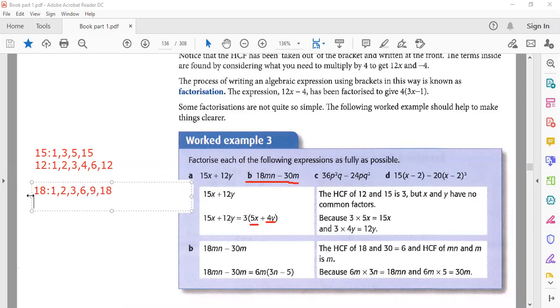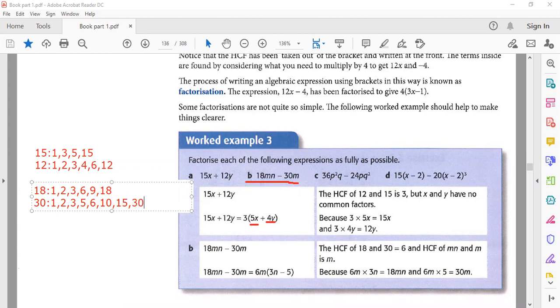Same like this 30. If I have 30, I start from 1, 2, 3, 5, 6, 10, 15 and 30.